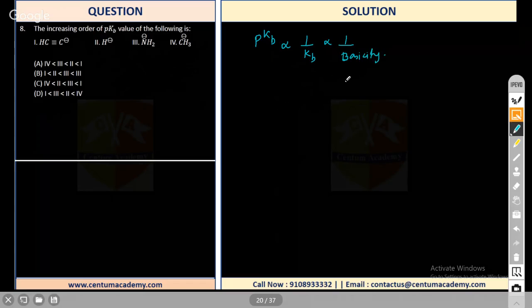So we have to find out the reverse order of basicity here. So which one is the most basic compound?